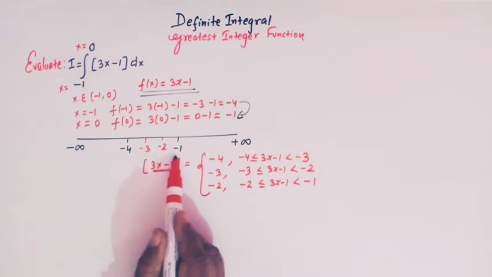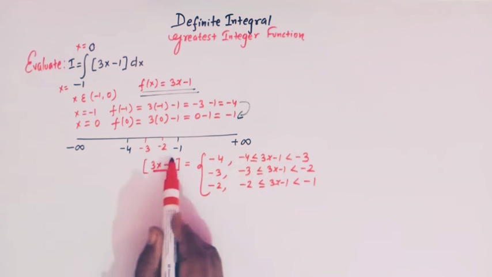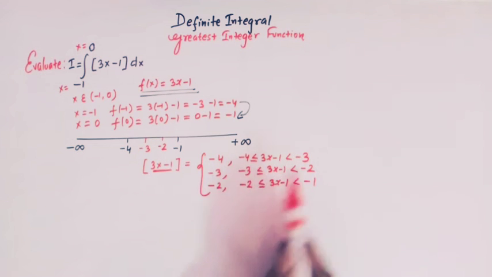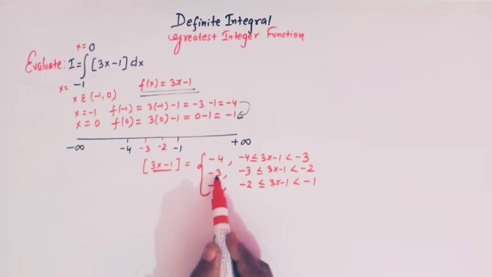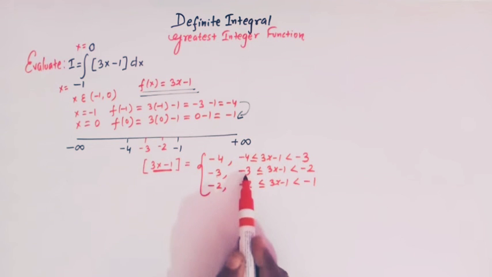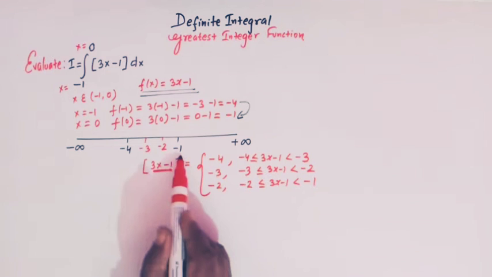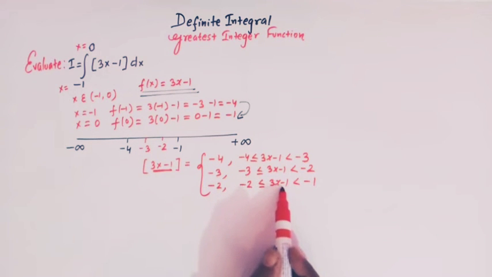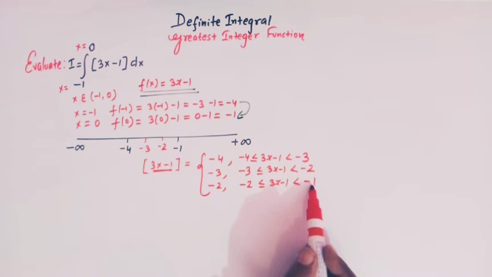So here the value of this function is minus 4 whenever 3x minus 1 lies between minus 4 and minus 3, the value of this function is minus 3 whenever 3x minus 1 lies between minus 3 and minus 2, and the value of this function is minus 2 whenever 3x minus 1 lies between minus 2 and minus 1.